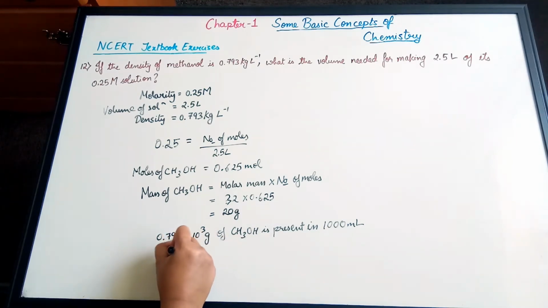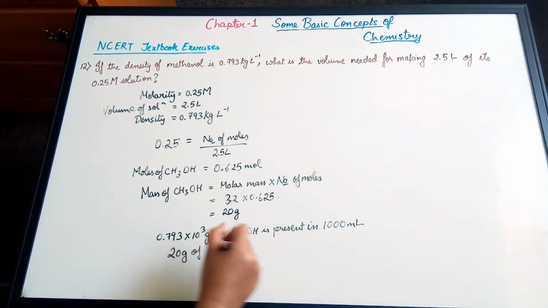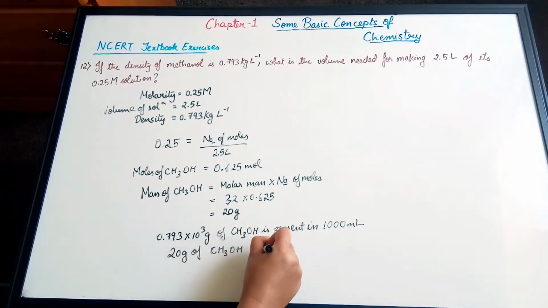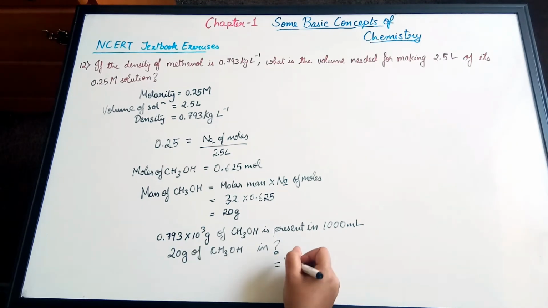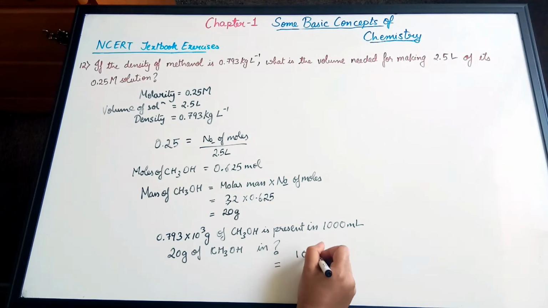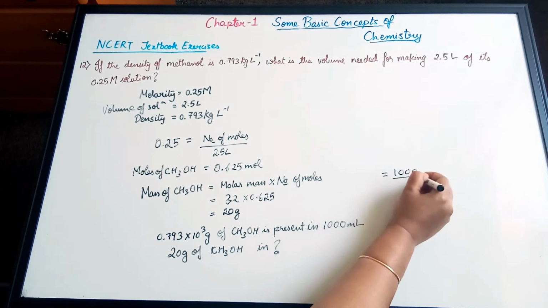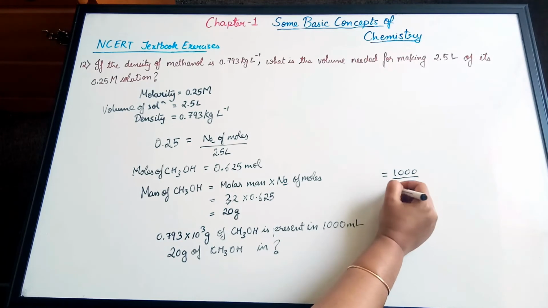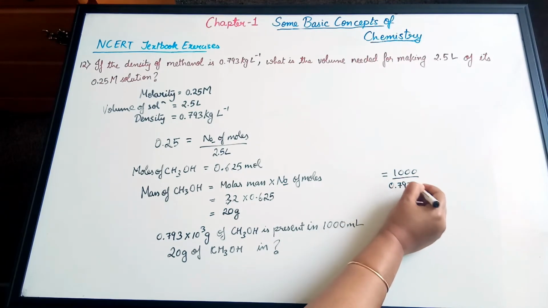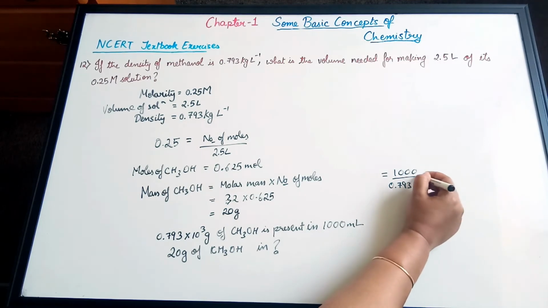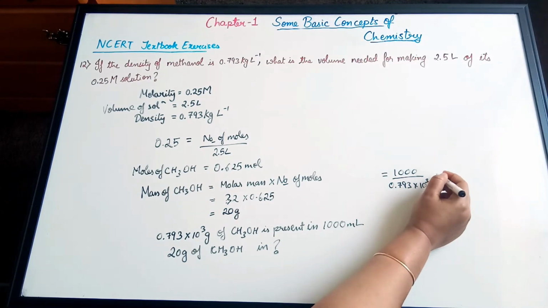So 20 grams of CH3OH is in how much? Okay, so this is equal to 1000 divided by 0.793 into 10 to the power 3, into 20.